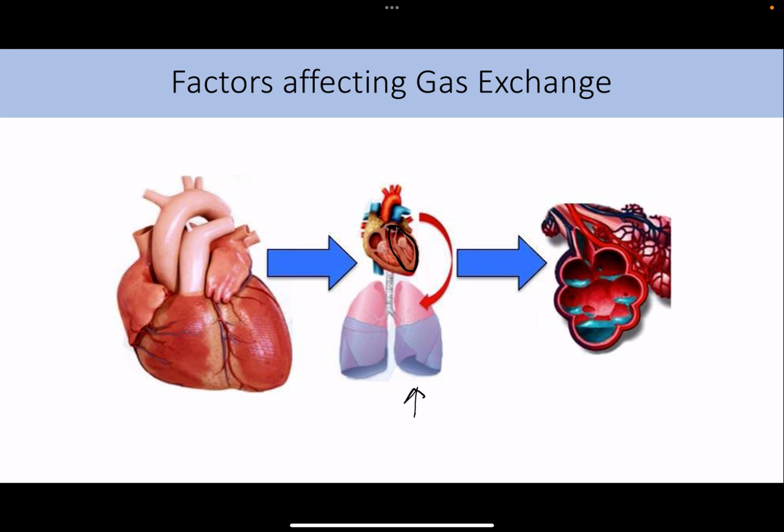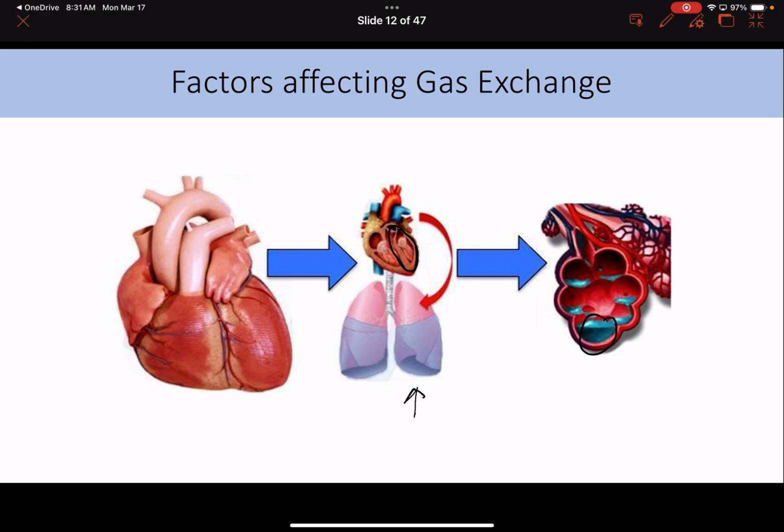And so the lungs become waterlogged and experience edema. And now instead of just having a single wall of capillary and a single wall of alveolus acting as our respiratory membrane, we have that plus a bunch of water. So now this oxygen and CO2 has to not only move over this thin wall, but also has to move through water to get in and out of the lungs. Makes the respiratory membrane thicker.